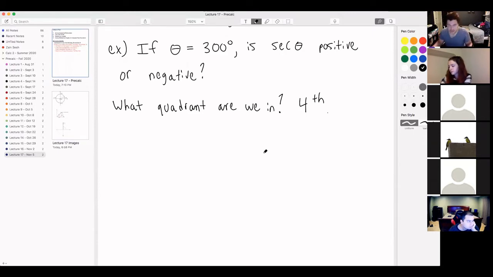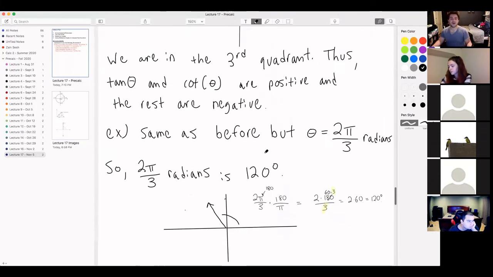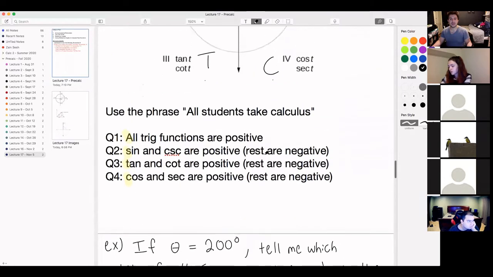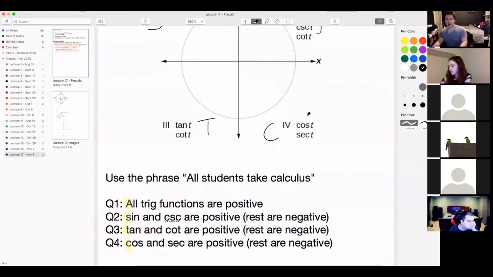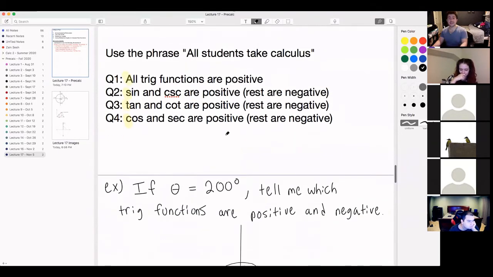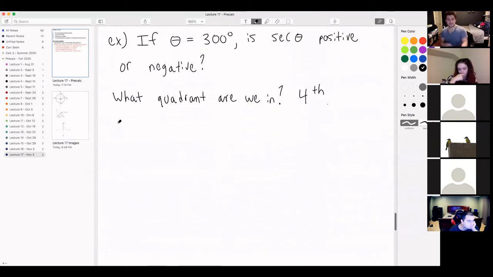Now we need to go up to our nice little picture here and see. Aha, in the fourth quadrant, cosine and secant are positive. And we were asked about secant, weren't we? There we go. So secant is positive, excellent.